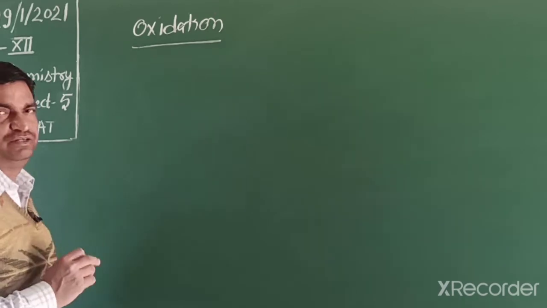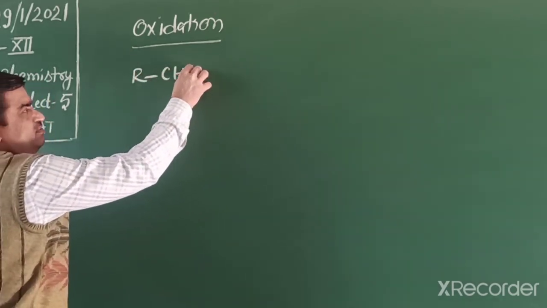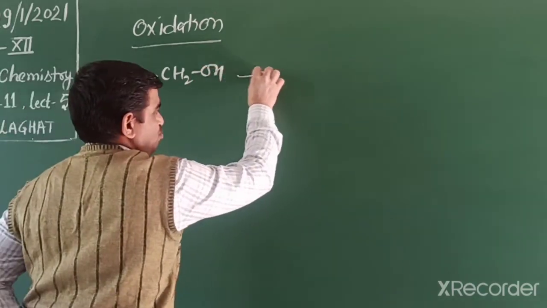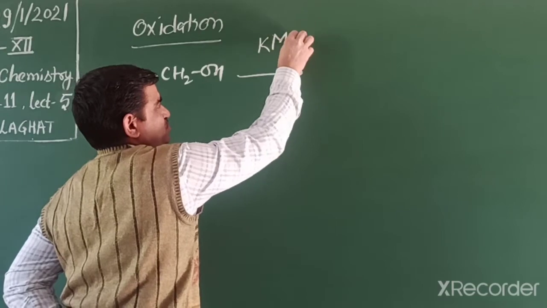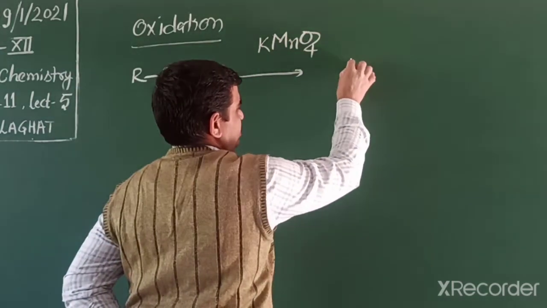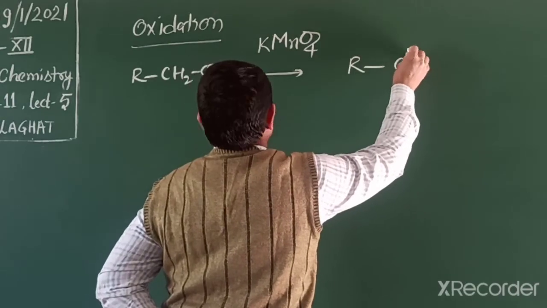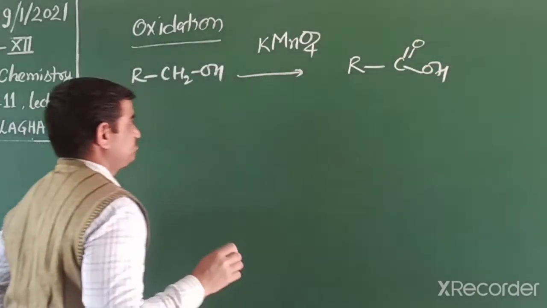Now let us summarize the oxidation reactions. If the alcohol is primary and we use a strong oxidizing agent like potassium permanganate, the ultimate product is a carboxylic acid, but the number of carbon atoms remains the same.